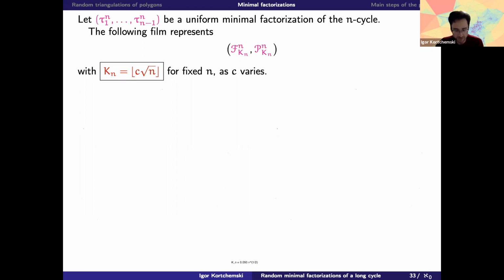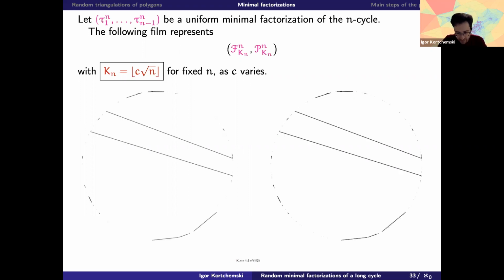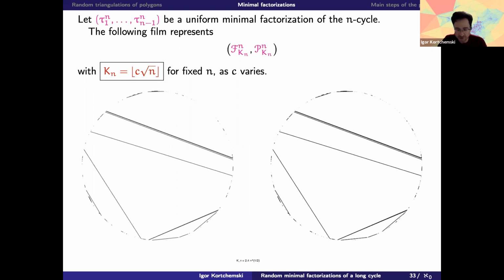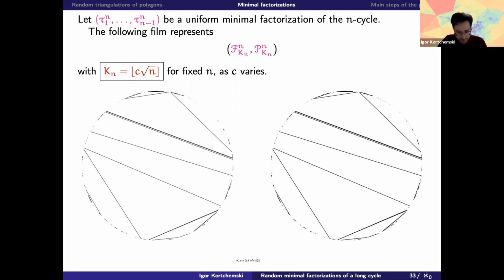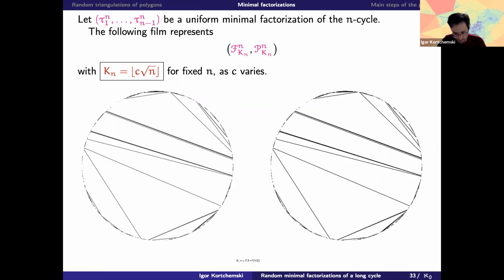So here is a simulation in this scaling. In this scaling, you see chords appearing one after the other, when C goes from 0 to 10.